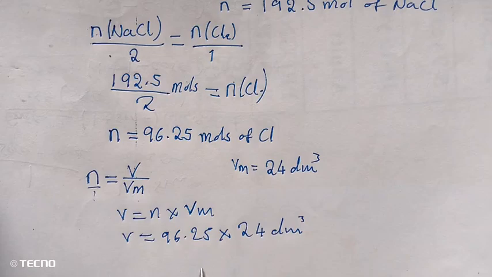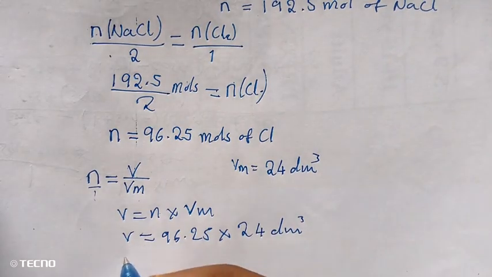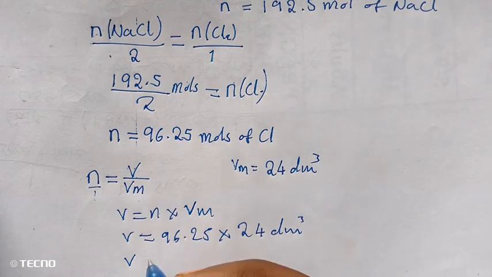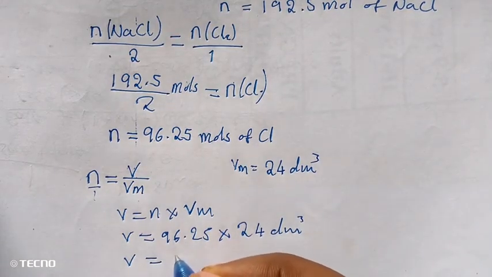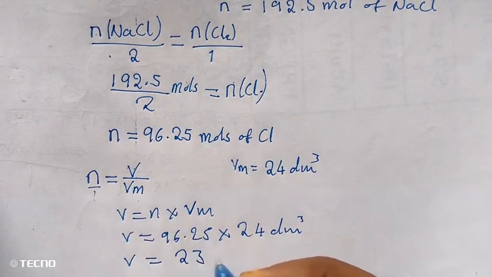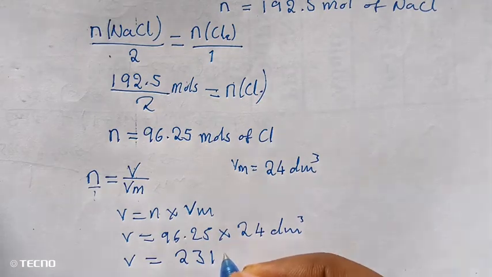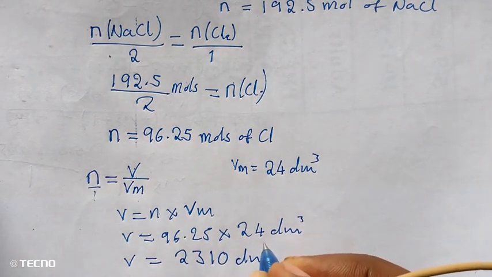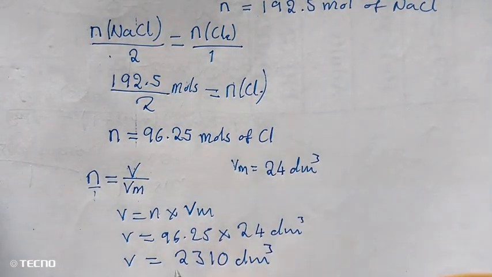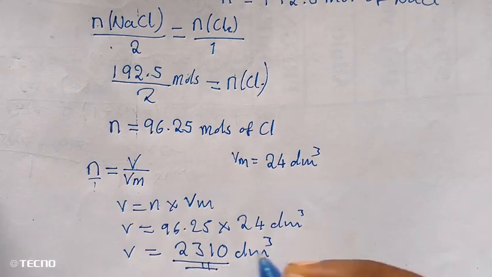What we are calculating is volume. Once you multiply this and this, we get our answer. You find this on your calculator, then you compare the answer. My calculator is giving me 2310 decimeter cube. So this is the answer that I'm able to get, and this is the volume.